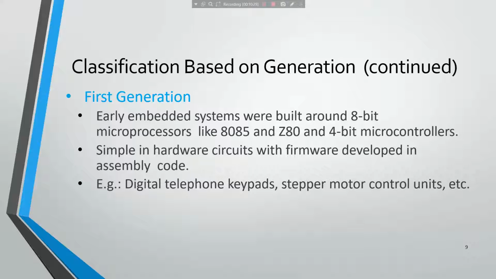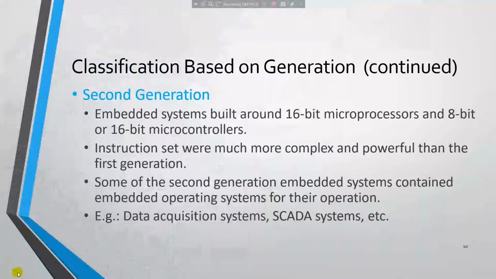They used these because of very simple hardware circuits, and the firmware development was done in assembly code. That was a very important point where they started the first generation of embedded systems. The applications were digital telephone keypads, stepper motor control, etc. These are called first generation applications of embedded systems.